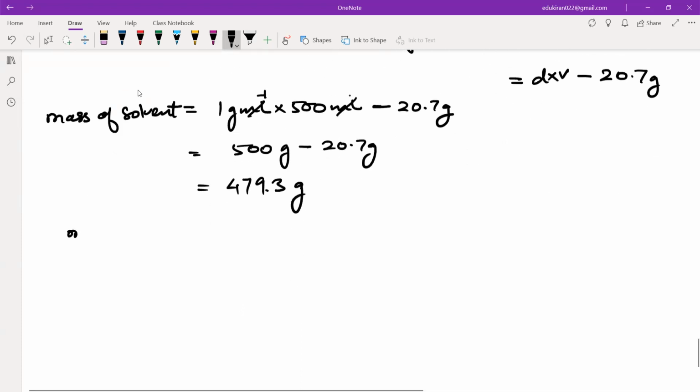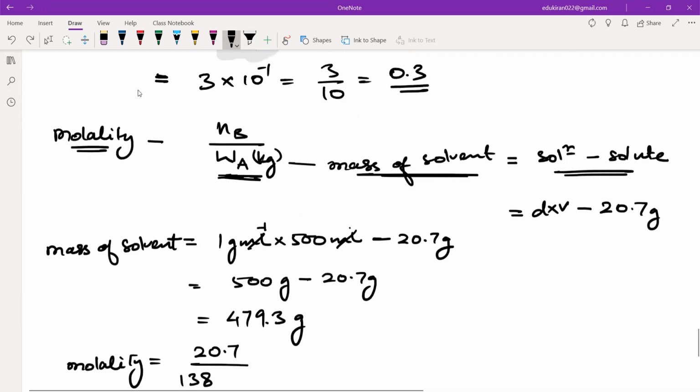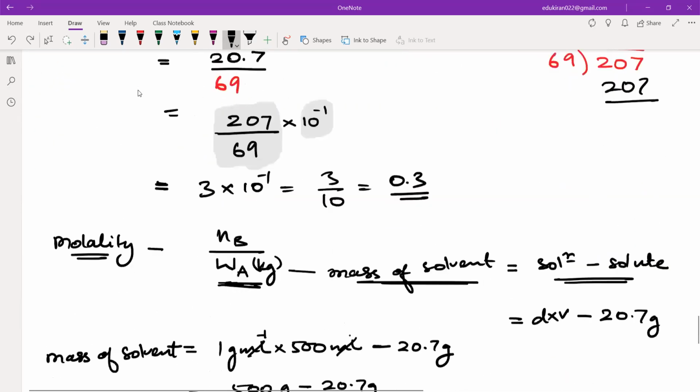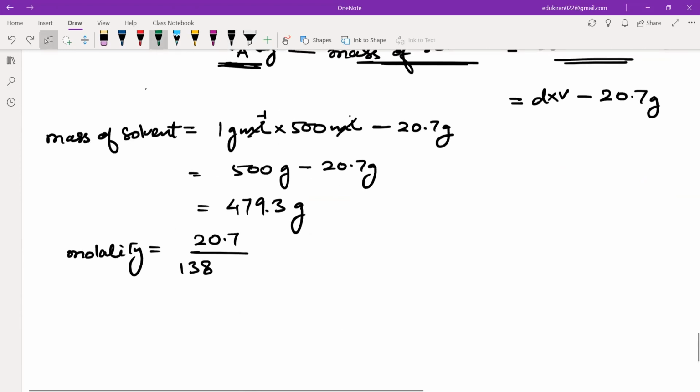Now you just need to calculate the molality, which will be equal to number of moles. So number of moles will be 20.7 divided by 138, into, sorry, not into. हाँ, into. तो बोलिएगा सर क्या लिख रहे हैं?